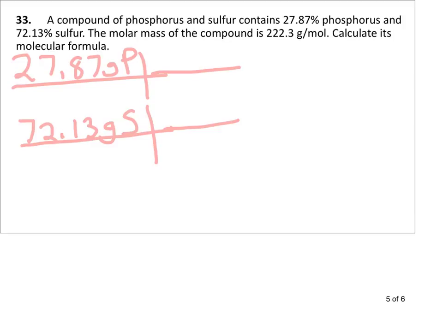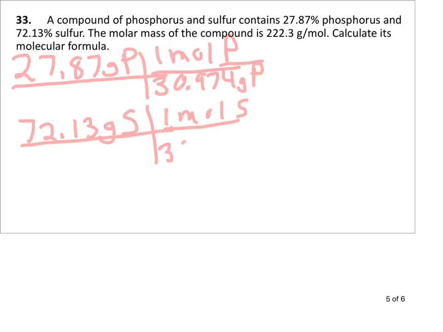So our molar masses is 1 mole of phosphorus is 30.974 grams of phosphorus, and 1 mole of sulfur is 32.06 grams of sulfur. There's another one we've used a lot of. Good one to remember. You know, some of them, like phosphorus, if you can remember, it's around 30, 31. You'd be in pretty good shape.